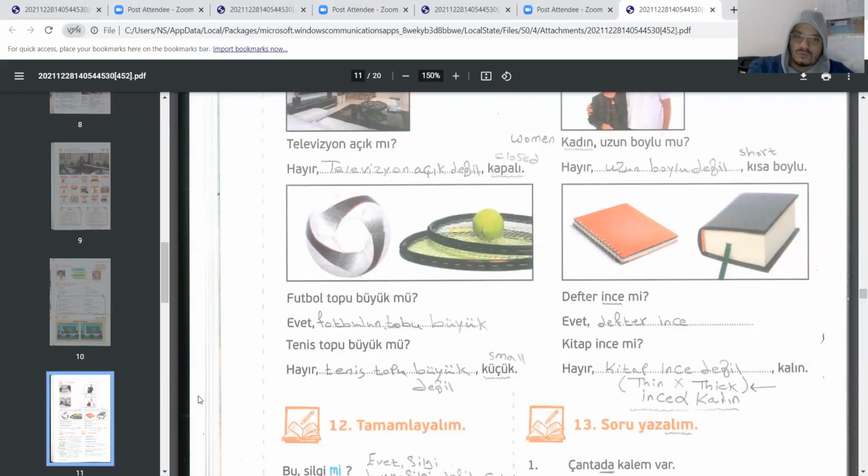Tenis topu büyük mü? Hayır, tenis topu büyük değil. The same situation: it's not necessary to put the ending on the first word, because everyone knows what it is, the tennis ball. Defter ince mi? Evet, defter ince. Or we can say hayır, defter ince değil. Hayır, kitap ince değil, kalın.